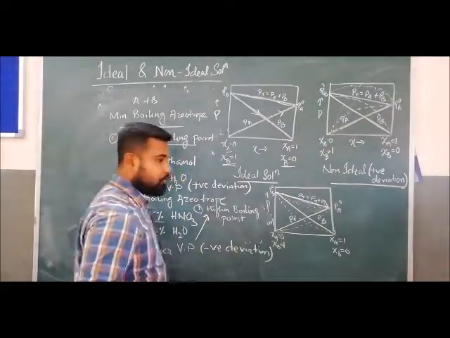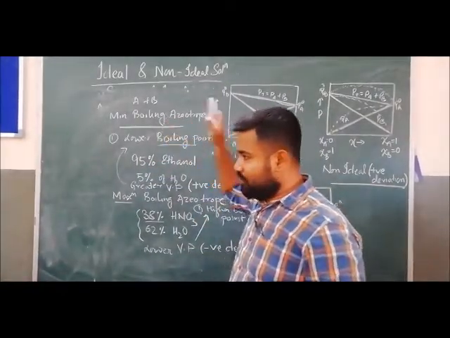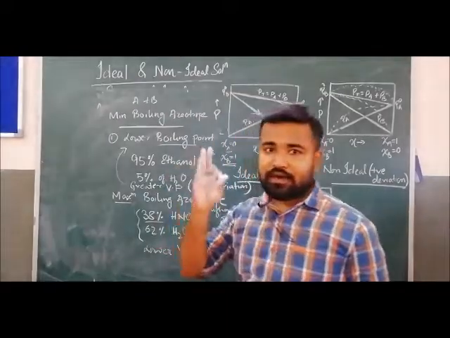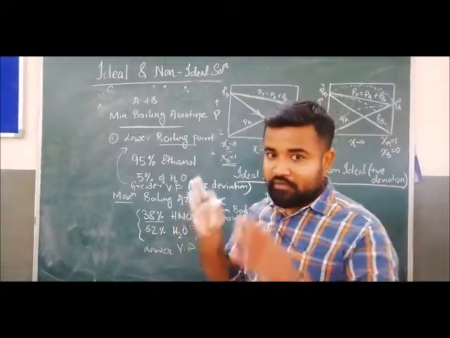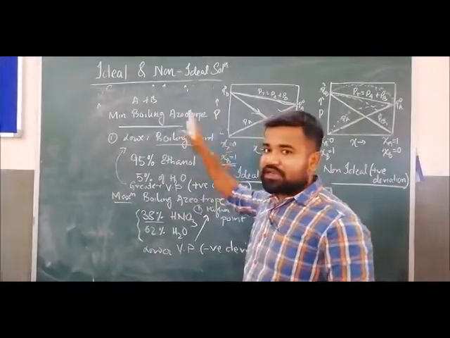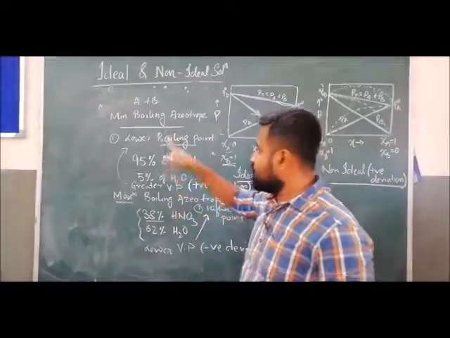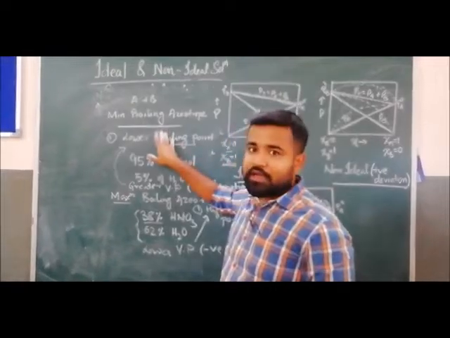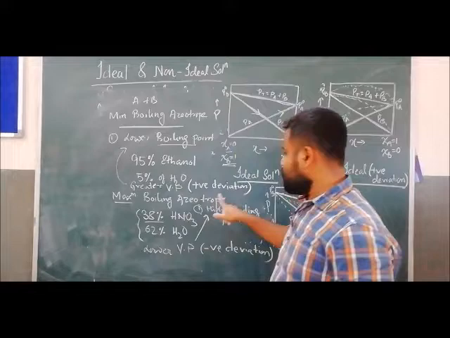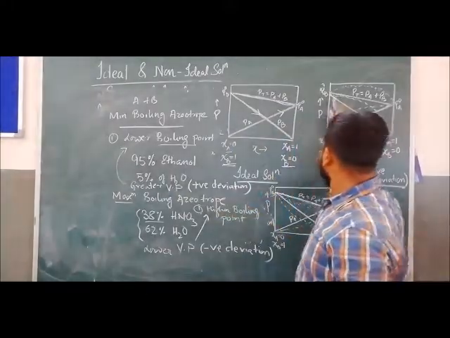So once again I am concluding this part. We know that when 1 atmospheric pressure equals the vapor pressure, it attains the boiling point. So when there is greater vapor pressure, it attains the boiling point at lower temperature, means lower boiling point, hence positive deviation.